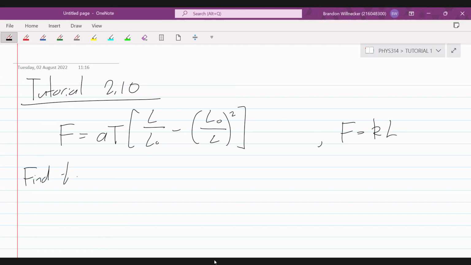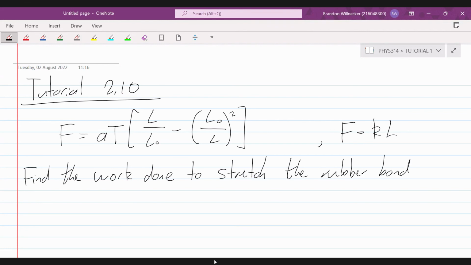Find the work done to stretch the rubber band from L naught, its initial length of 10 centimeters, to L equals 20 centimeters at 20 degrees Celsius.